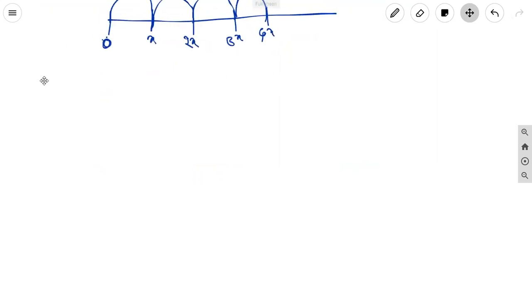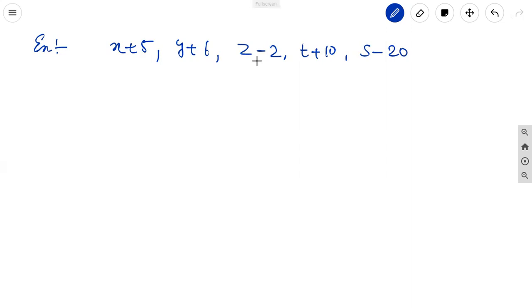We have already taken examples in 1 variable: x plus 5, y plus 6, z minus 2, t plus 10, s minus 20. These are expressions we can take.